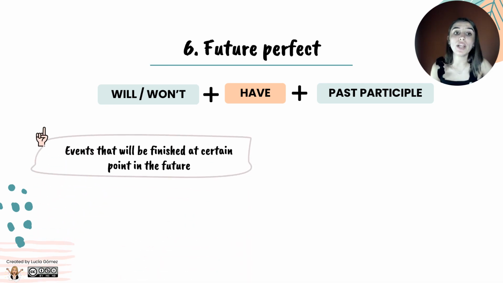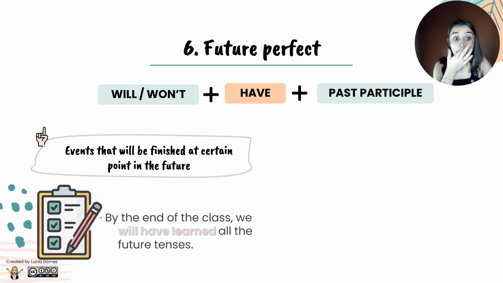This said, we are going to use the future perfect for things that will have finished, okay, things that will be finished at a certain point in the future. Cosas que se habrán cumplido, que se habrán terminado, que se habrán hecho, y ya meto la traducción de este tiempo en un momento en el futuro, ¿vale?